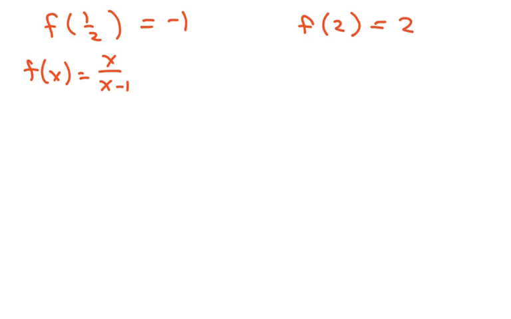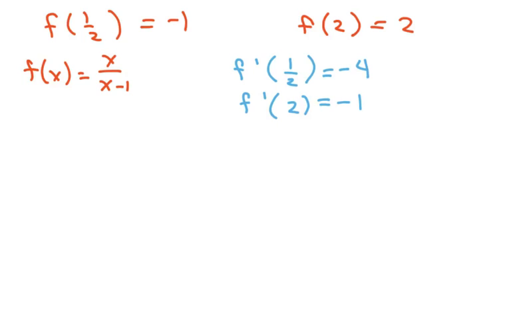Then, if you do the derivative, f prime of 1/2 equals negative 4, and the derivative at 2 is going to equal negative 1.